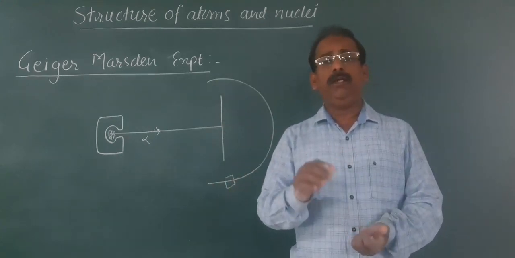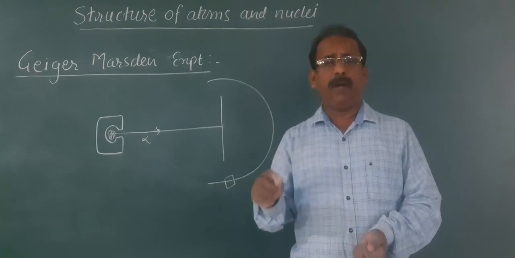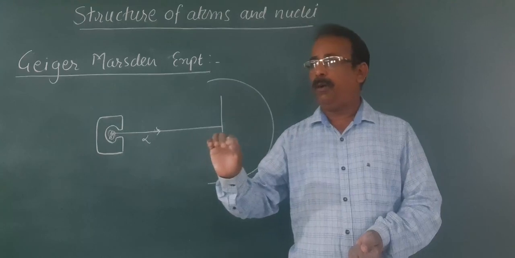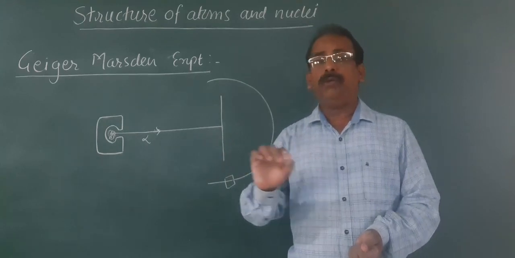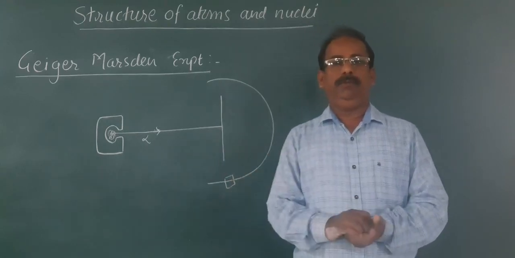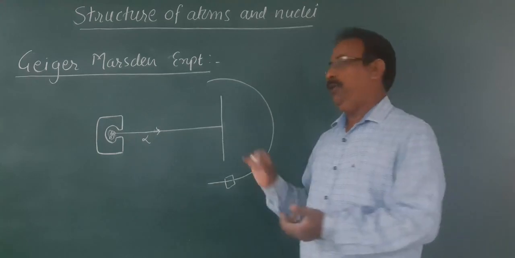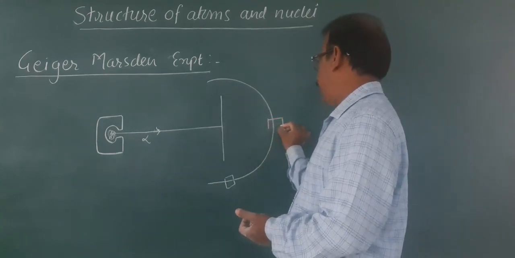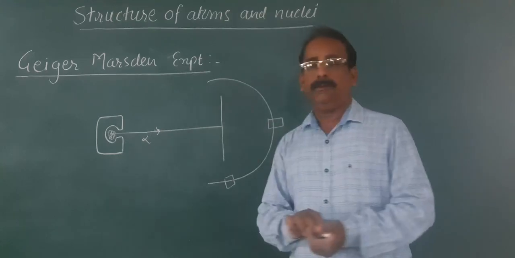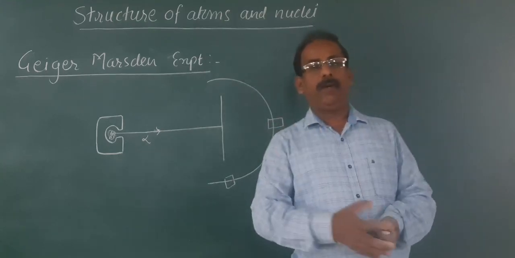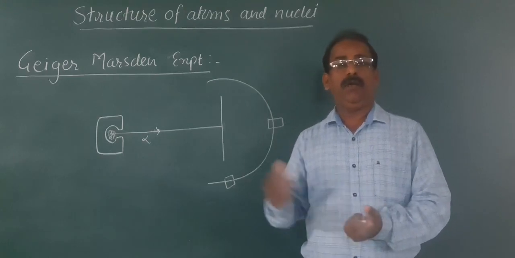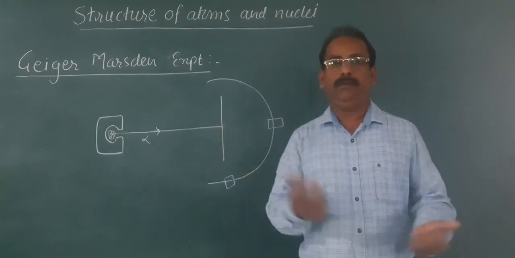Nearly 99.9% of alpha particles pass through the metal foil without any deviation. When the detector is here, it detects a large number of alpha particles, about 99.9%, which come through the foil without any deviation.